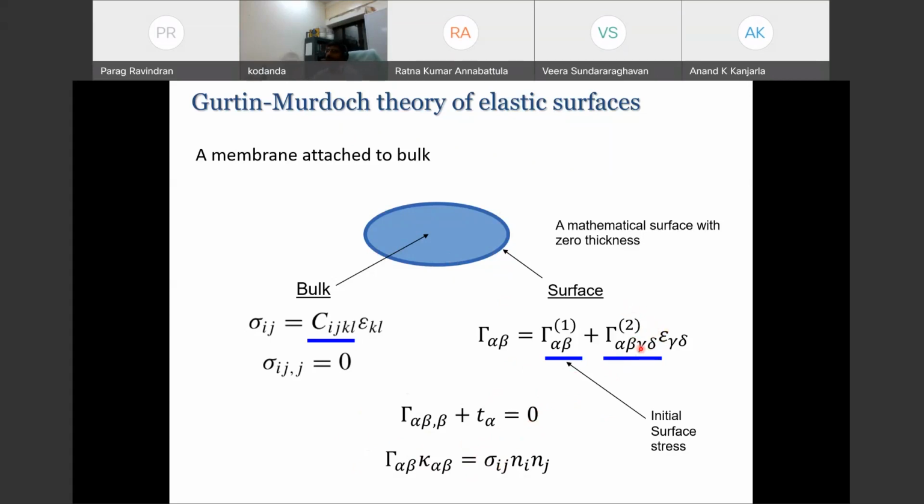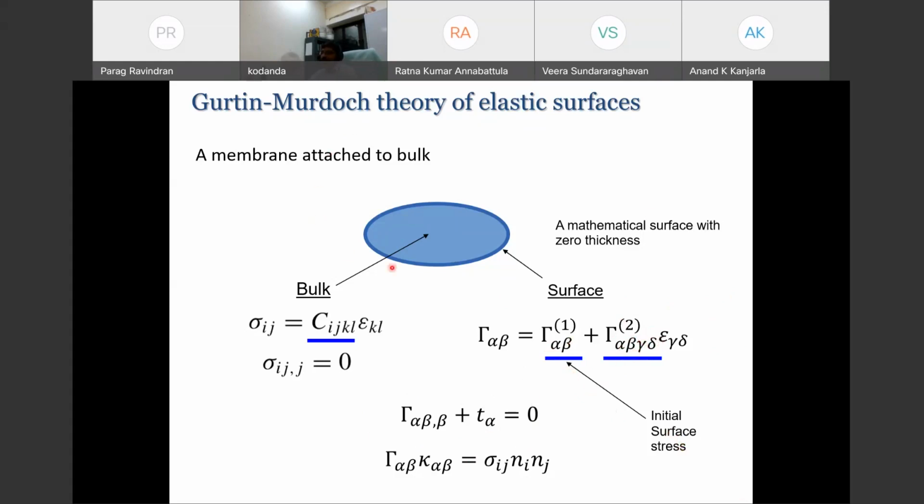So what we thought of is to assume that all these surfaces are anisotropic, and then we give a fixed elastic tensor and fixed initial surface stresses. In our initial attempts, we also neglected the surface elasticity tensor as well.